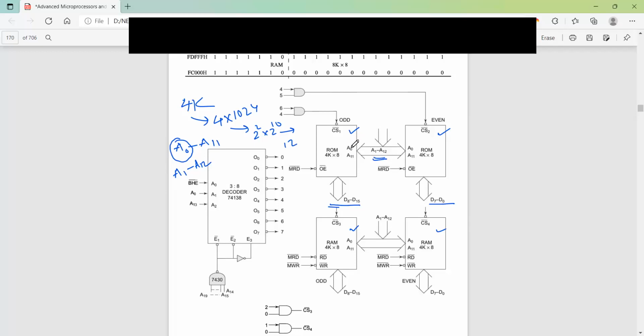And A0 to A11 is of the IC, that is the ROM chip. So A1 to A12 of the 8086 has been connected to A0 to A11 of the ICs respectively. So they will be selecting which address of the particular ROM we are selecting.